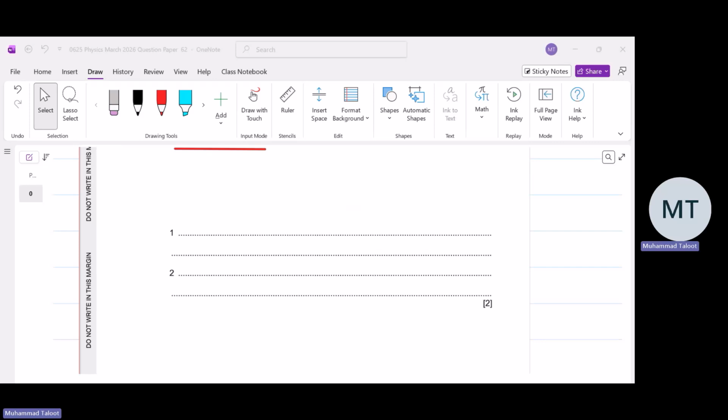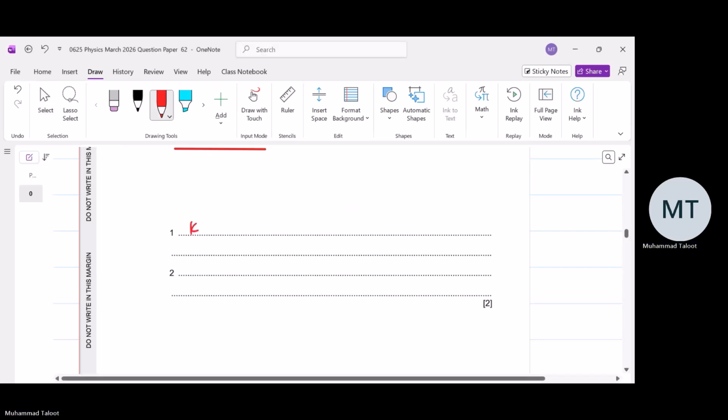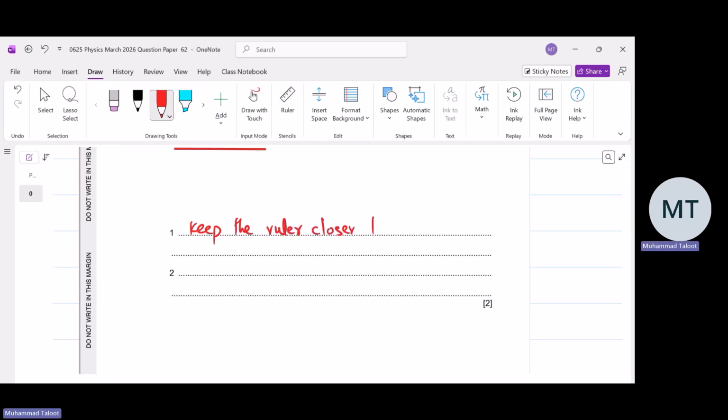One, I will be writing here that keep the ruler closer to the spring and also ensure that it is vertical.